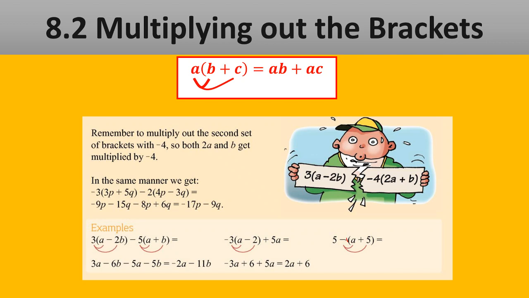So you get minus 1 times a and minus 1 times 5. This 5 is just in front. It's just there to mess with you. You just leave it there. So you get 5 minus a minus 5, which gives me minus a.